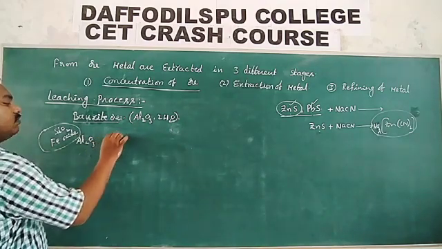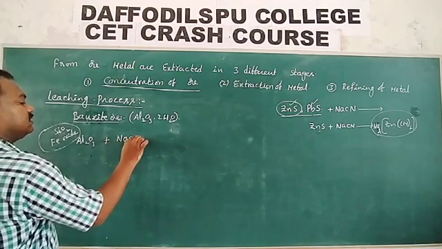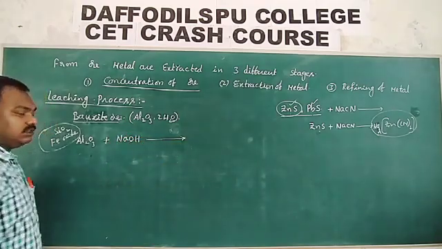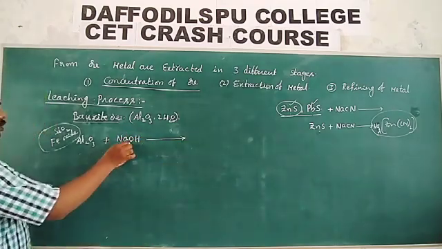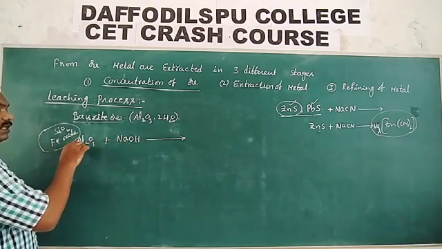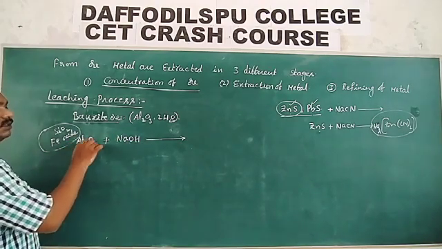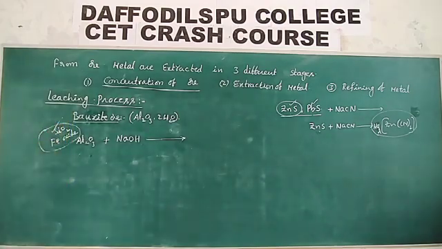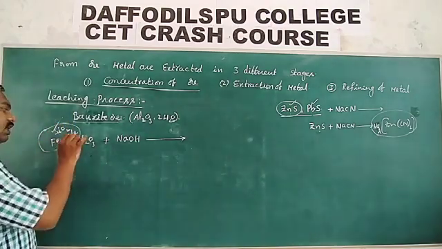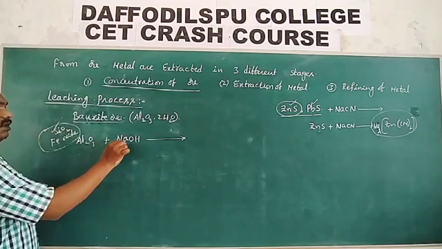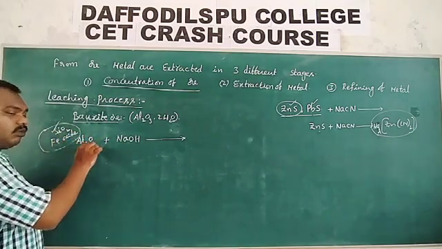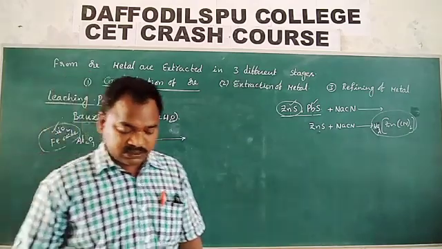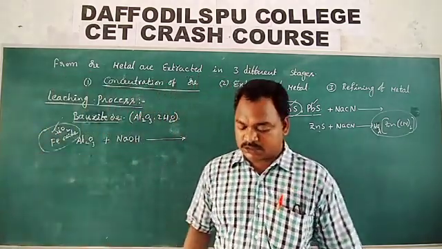To this bauxite ore, sodium hydroxide is added as a leaching agent. This sodium hydroxide dissolves the bauxite in it, leaving behind impurities. So impurities are not dissolved in sodium hydroxide, only pure ore particles dissolve in sodium hydroxide.